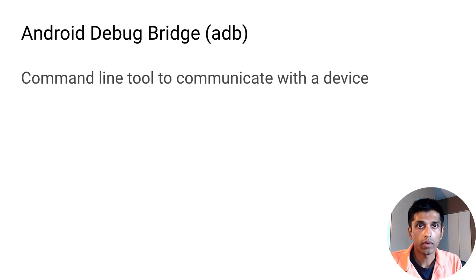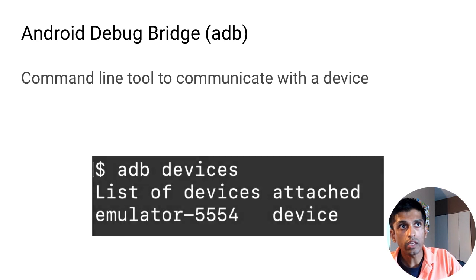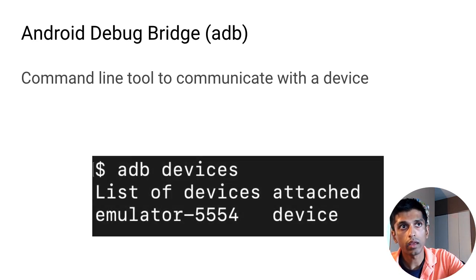So you may not even be aware that you're using it, but you almost certainly are, because ADB is used, for example, to take a file like your APK that you've developed on your machine and push it onto a connected Android emulator or a physical device on your computer. So in general, ADB is used as a way to communicate between your development machine and the Android device which is hooked up to your laptop.